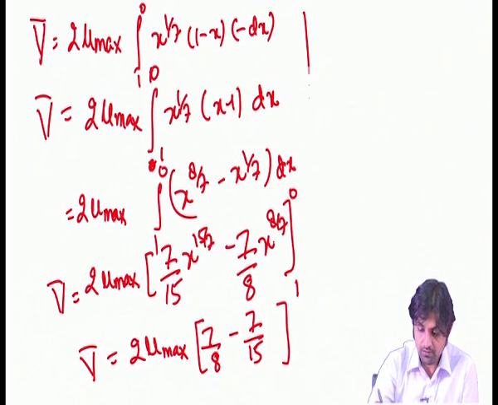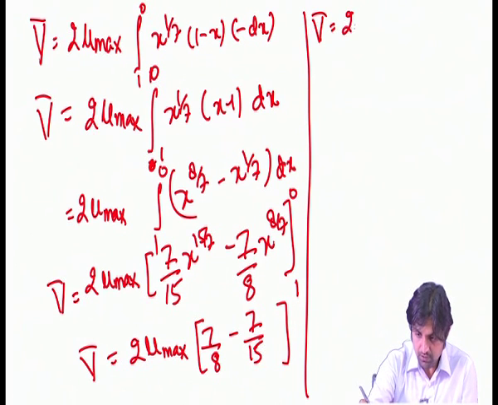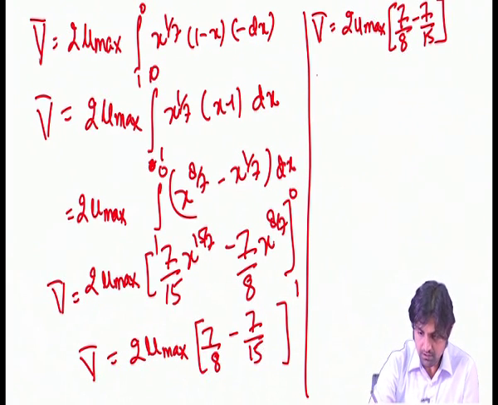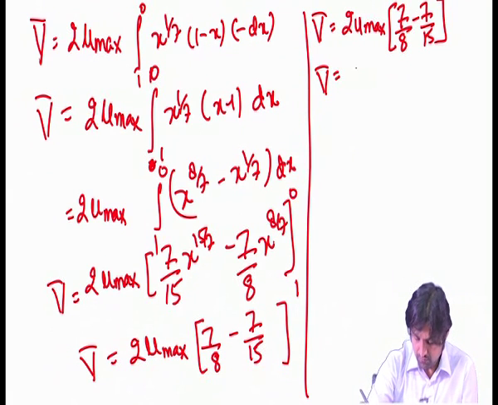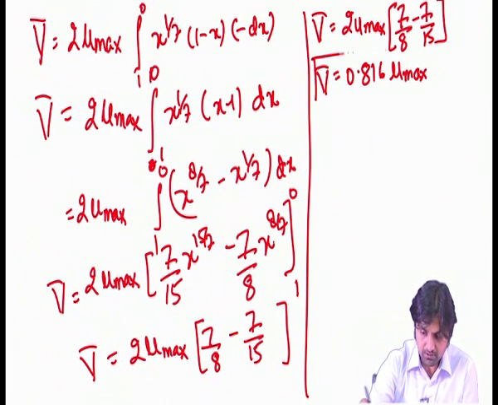So, V bar will be 2 u max into, just copying the same thing from the last line, 7 by 15, and V bar is going to be 0.816 u max.